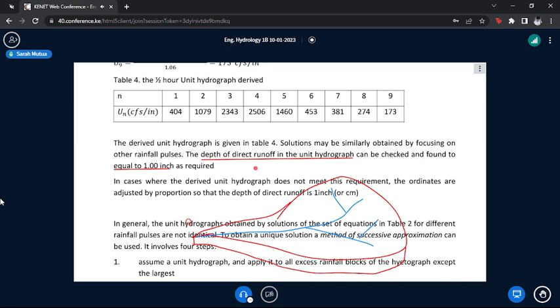We probably used this concept of depth of direct runoff when we were calculating excess rainfall, using the various methods, whether it is the runoff coefficient method, the phi index method or the SCS method of rainfall abstractions.